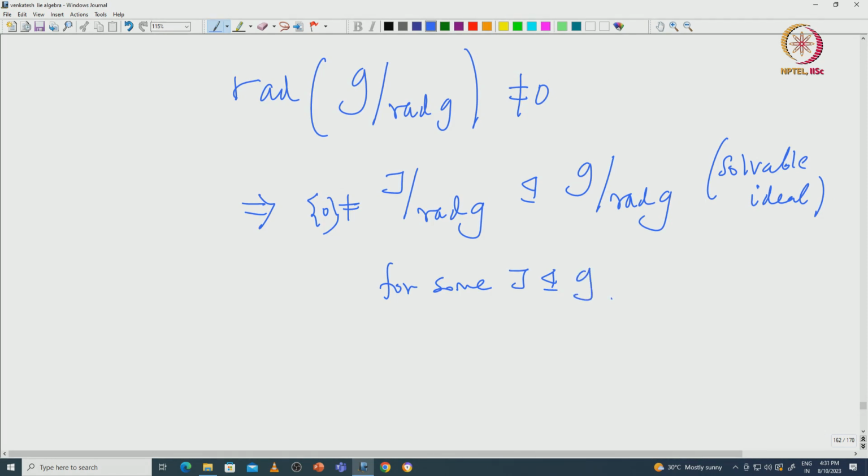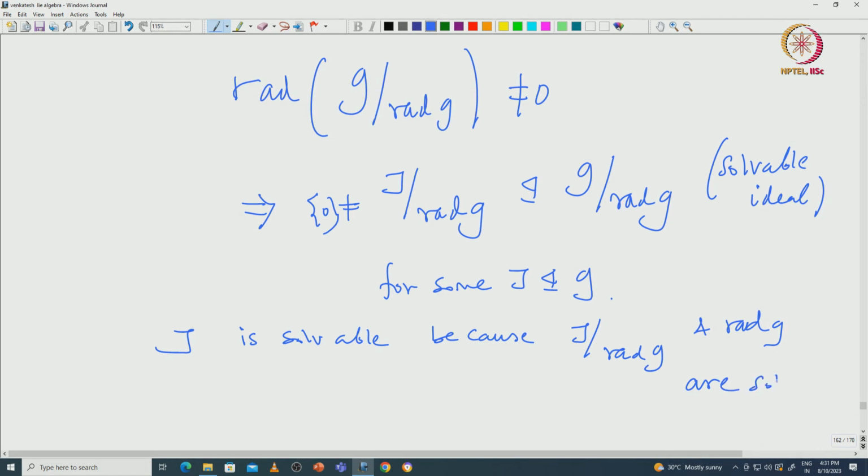Now, if you look at J, J must be solvable. Why? Because both J modulo radical G and radical G are solvable. So, this J must be a solvable ideal.